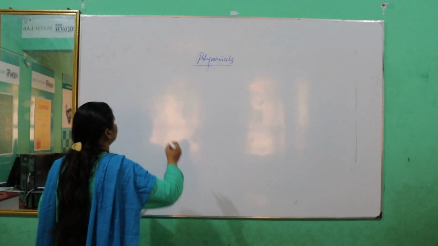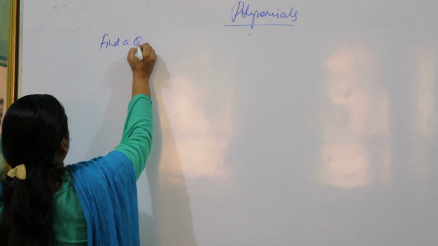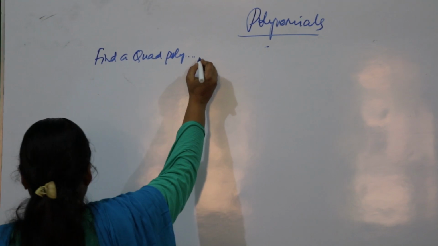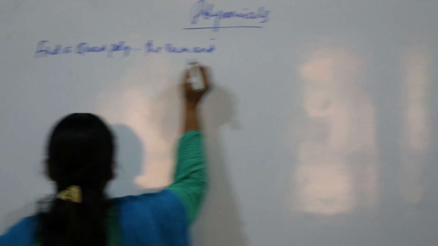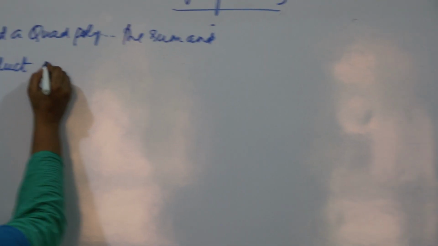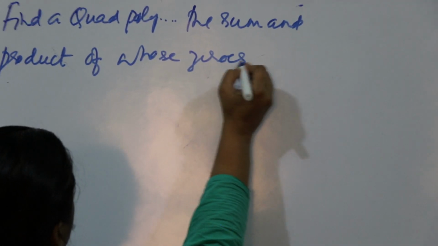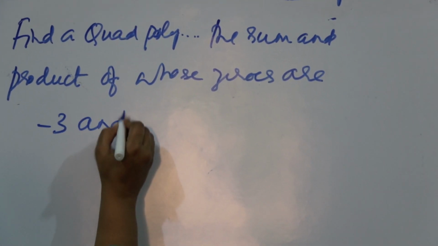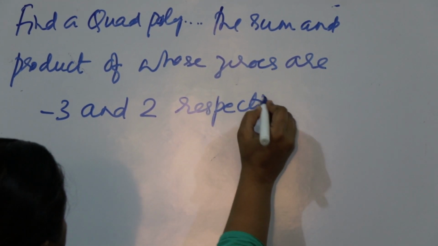If your question is: find a quadratic polynomial, the sum and the product of whose zeros are -3 and 2 respectively.